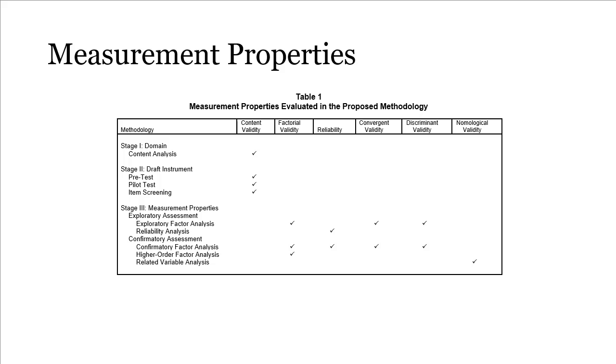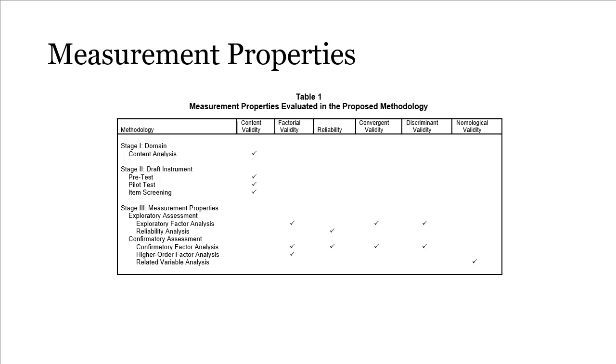Next is confirmatory factor analysis, or CFA. We test the final factor model using a new sample to confirm the unidimensionality of the factors. Next is model fit testing. We evaluate the goodness of fit of the model using indicators such as goodness of fit indices, chi-square statistics, and residual measures. Next is higher order factor model testing.